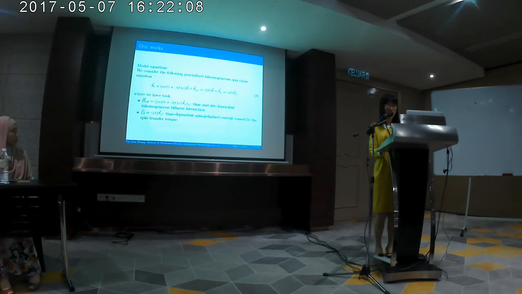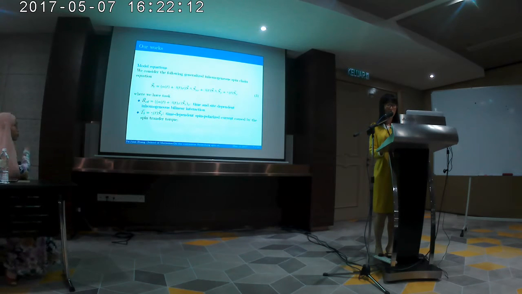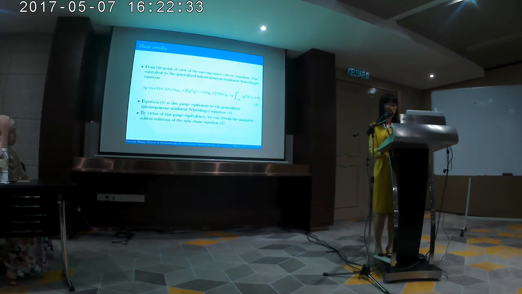Alpha t and beta t x represent the time and space dependent inhomogeneous bilinear interaction, and the last term is the time-dependent spin-polarized current. Here we have taken gamma t times S_x. It is caused by the spin transfer torque. So we just consider this model equation.